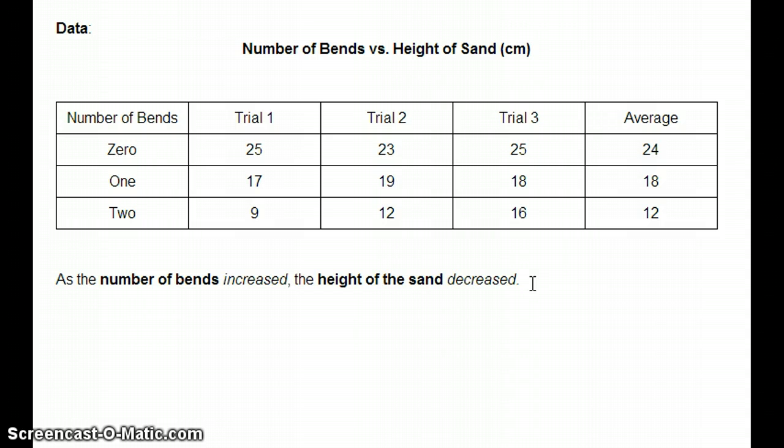Now let's start to use numbers. When there were no bends, the average height was 24 centimeters.